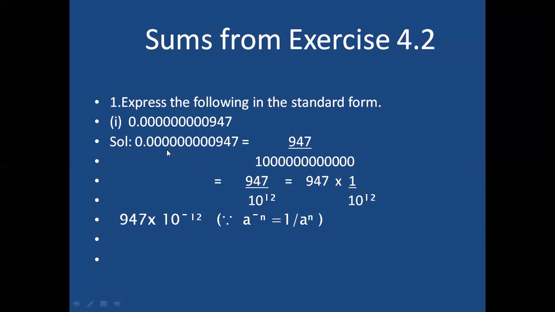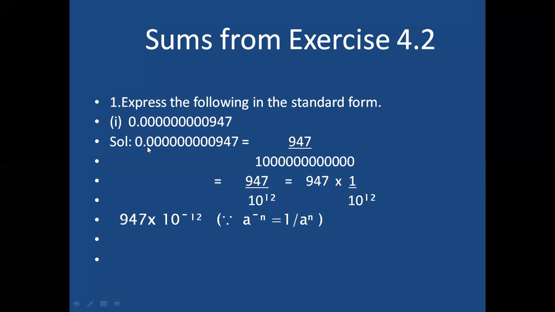Just see here: 0 point, and totally 9 zeros are there, and then 947. So first write only the numerical number 947. One decimal is there, so from the decimal onwards you have to count.